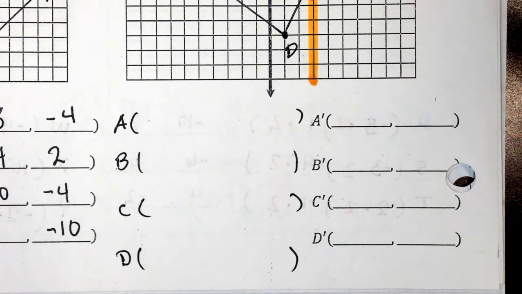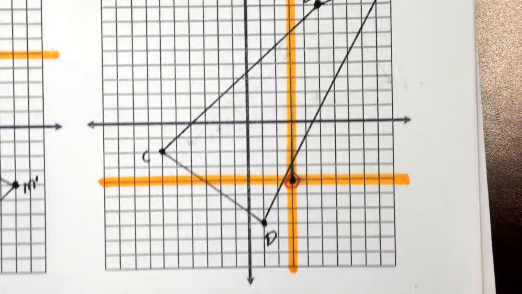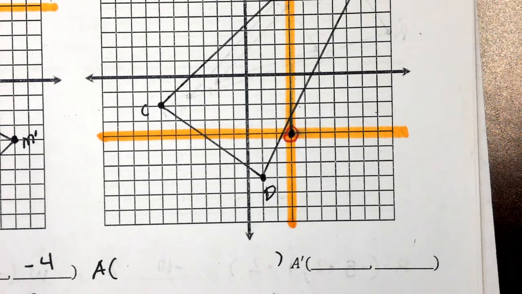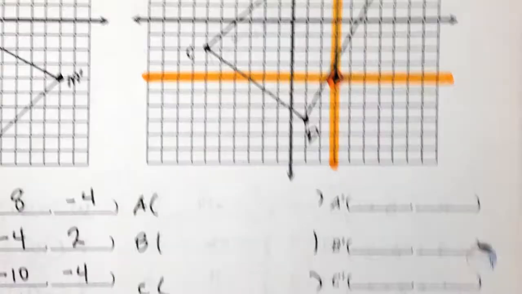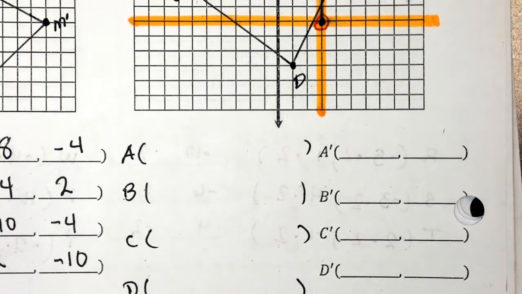Tylee, help me out. From that center, where's point A going to be? No. A is right here. From the center, where is it? I see. Who isn't confused?